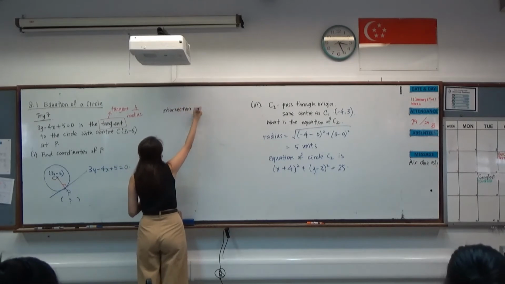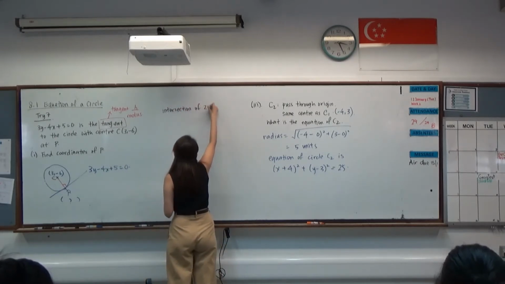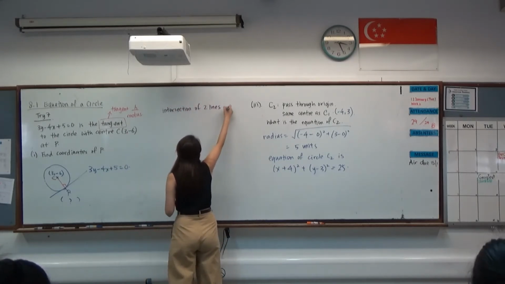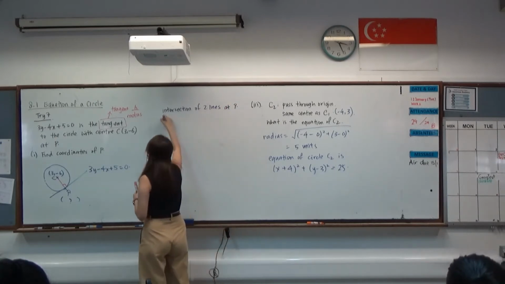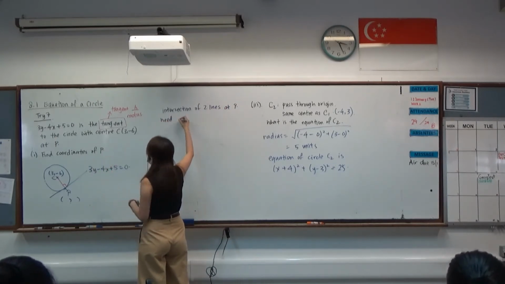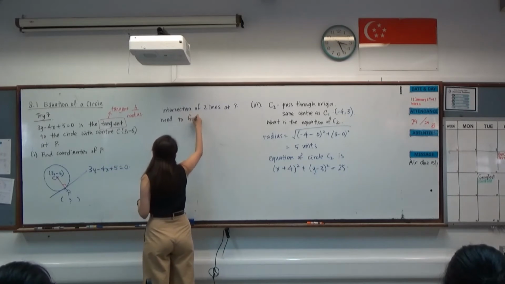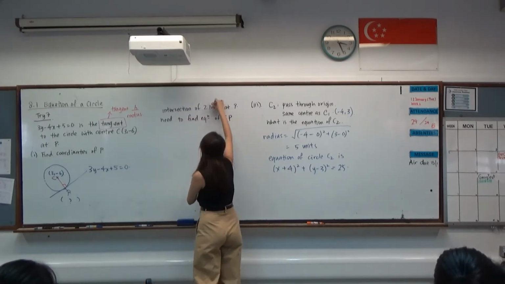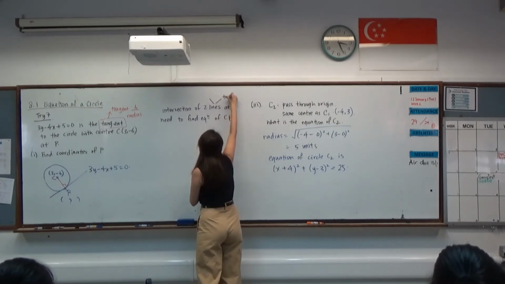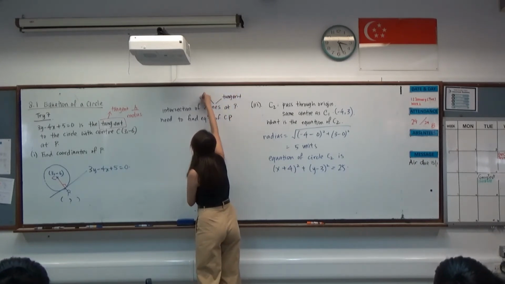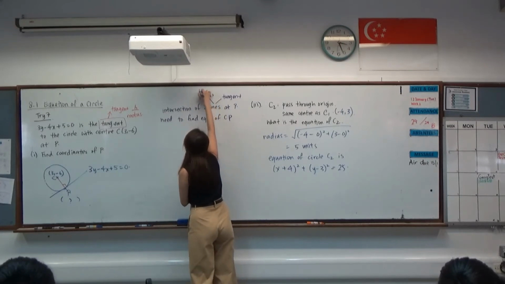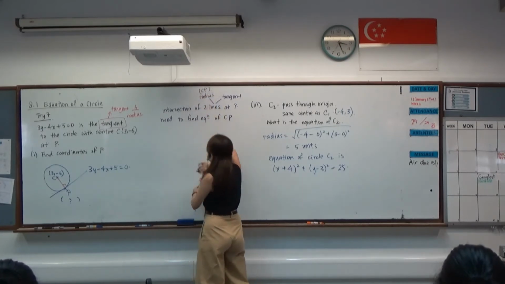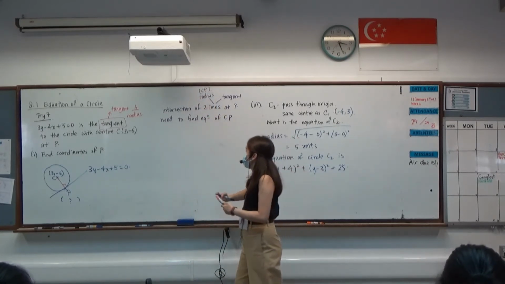So this was our train of thoughts: intersection of two lines, and P. Then we need to go backwards. We need to find the equation of CP. The two lines were tangent and radius, so radius was my CP.